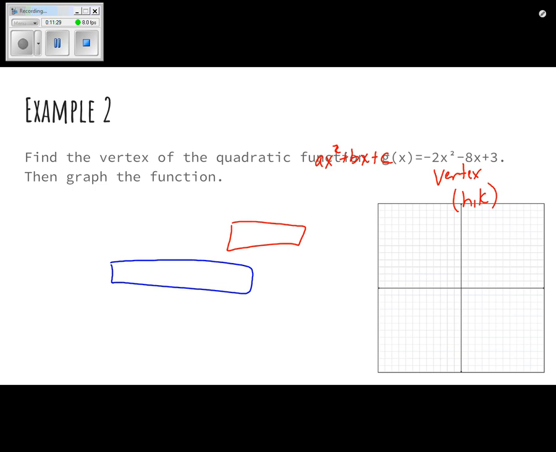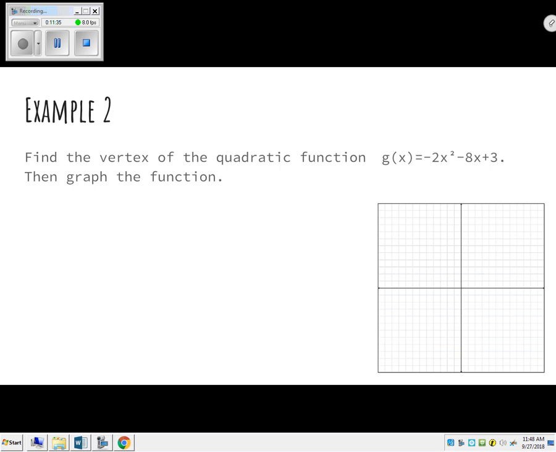Okay? So I'm given this function, and I want to first of all find the vertex. I want to find the most important point, and then hopefully I will be able to graph this. So my vertex is going to be (h, k). To find out what the h is, I want to keep the parentheses there. My little formula is negative b over 2a.